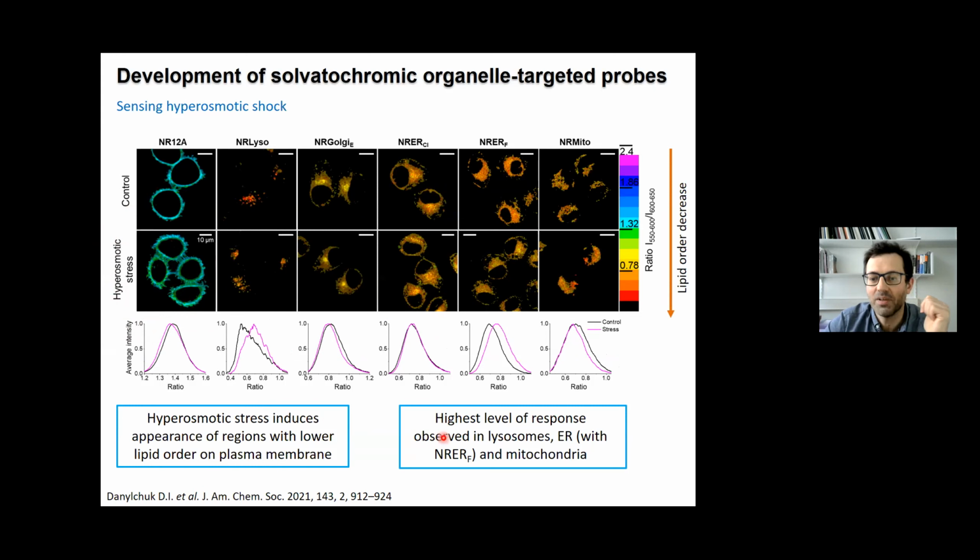Then the most affected ones were lysosomes, where we observed quite strong changes, and then mitochondria, and one of the two ER probes. So the mechanical stress could change either interaction between one membrane and another, or protein-membrane interaction, in this case probably more affected, or directly lipid membrane properties were affected by the mechanical stress.